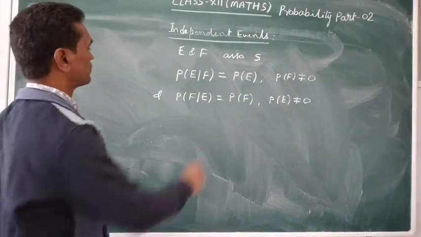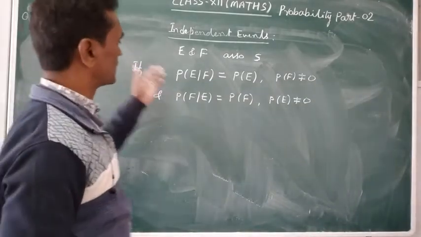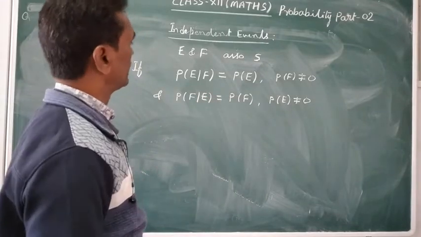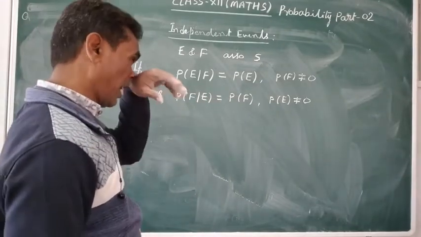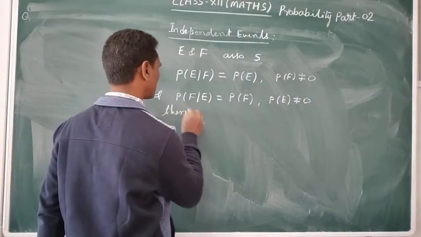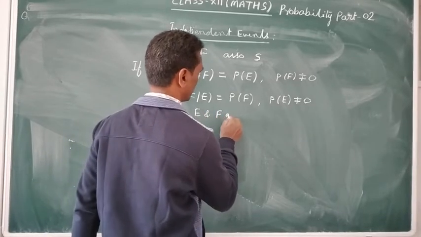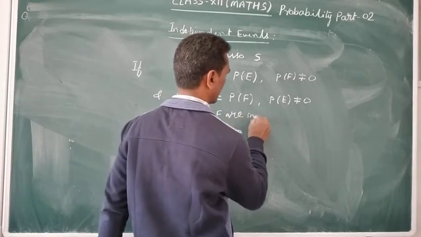So if any two events satisfy these two conditions, then we can say E and F are independent.